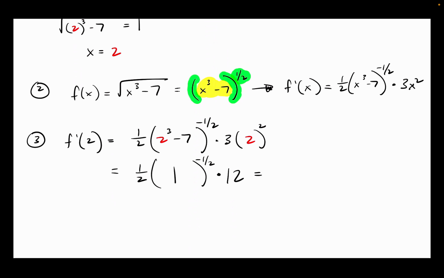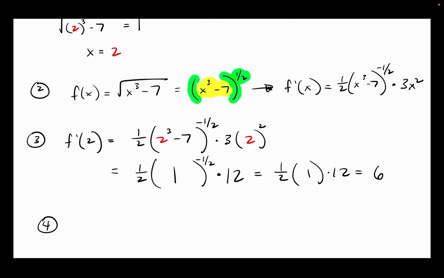What is 1 to the negative 1/2 power? 1. 1 to any power, positive, negative, fraction, whole number, is always just going to be positive 1. So you have 1/2 times 1 times 12. That's 12 over 2, or just 6, because 1 times 1/2 is 1/2 times 12 is 6.